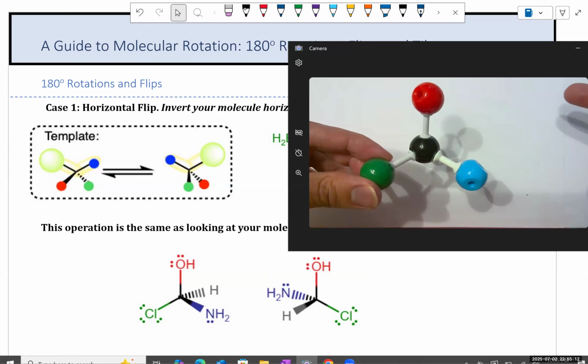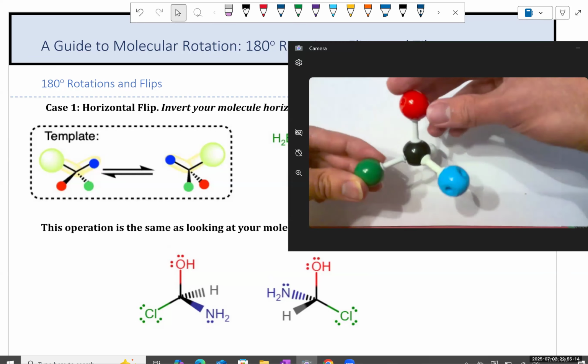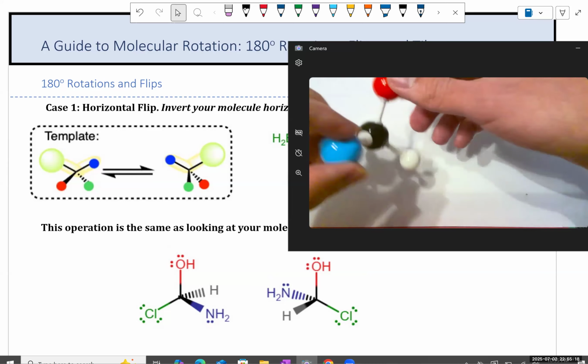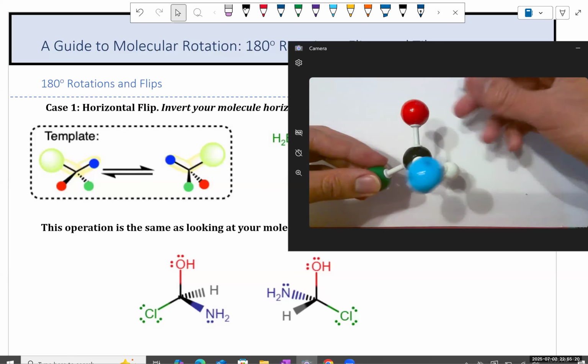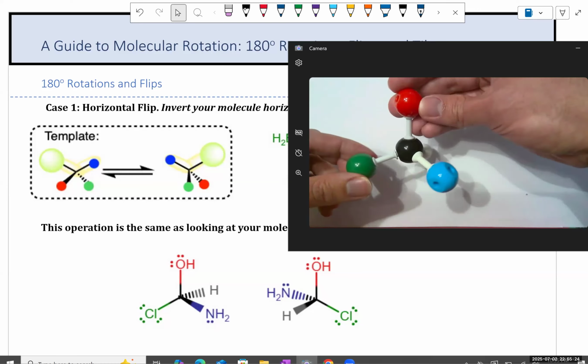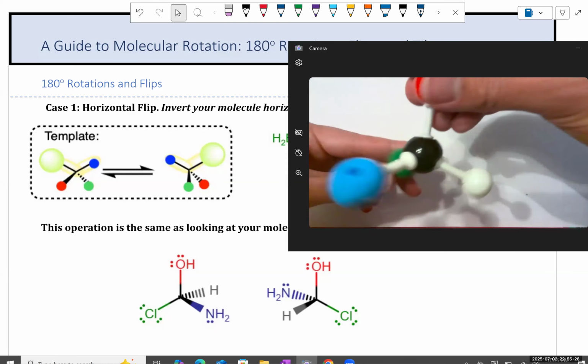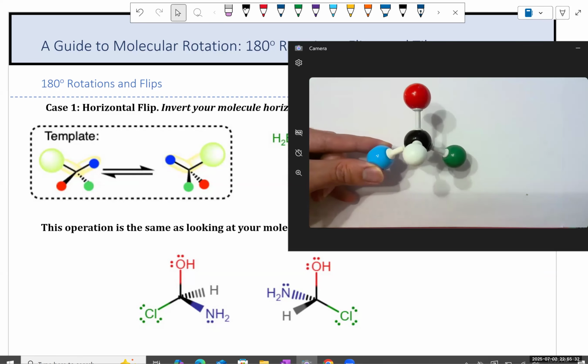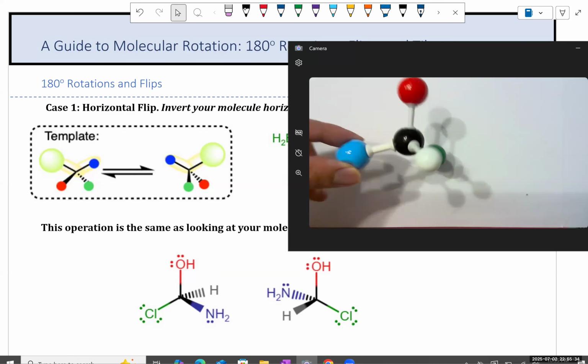So this is looking at the molecule from the front. Here's the view of the molecule from the back. Front, back. As you can see, we flip our skeleton and the dash wedge notation at our stereocenter gets flipped.